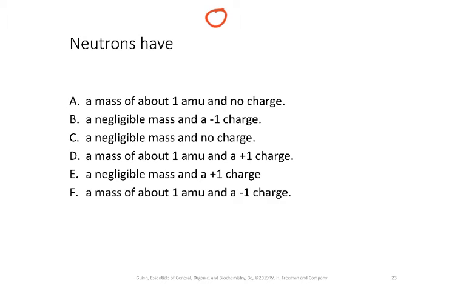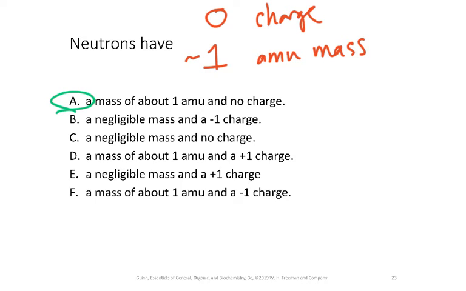Okay, it has 0 charge and 1 AMU mass, approximately 1. And there we go, right at the top. A mass of 1 AMU and no charge. And we could kind of run the same scenario here.